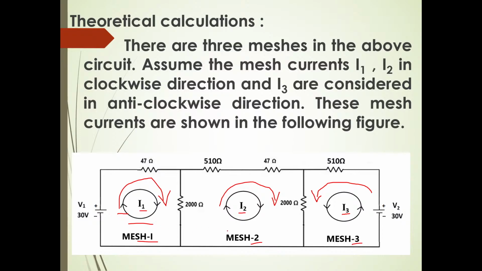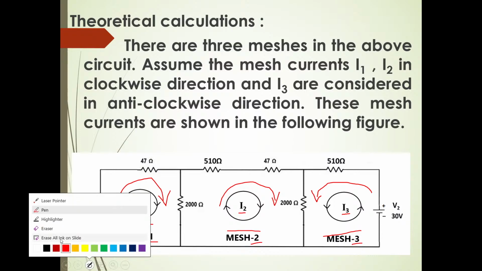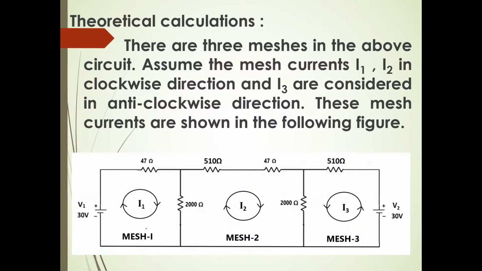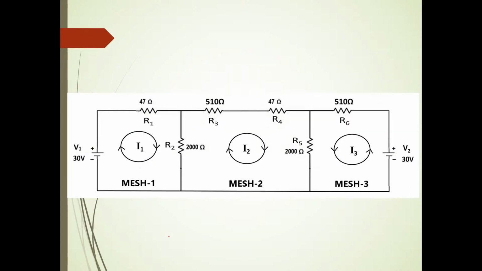For mesh 1 and mesh 2, I have assumed the loop currents in the clockwise direction, whereas for mesh 3, I have assumed the loop current in the anti-clockwise direction. Now we will apply Kirchhoff's voltage law in each mesh and write the KVL equations.